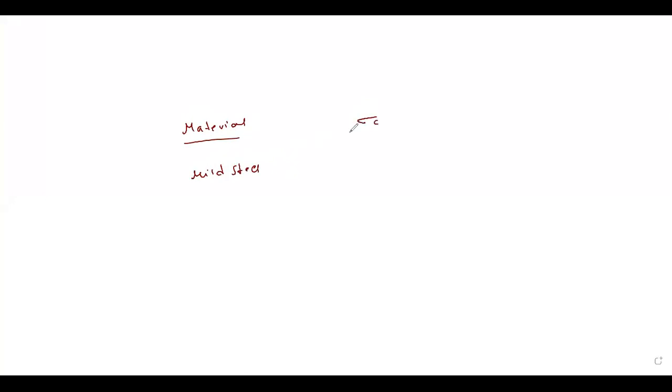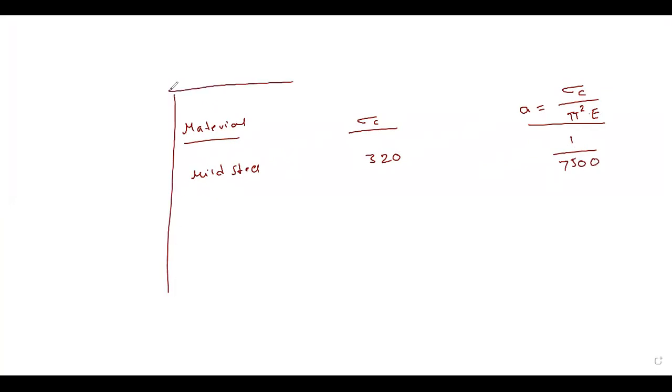For a compressive strength of 320, the Rankine constant A, which is calculated with the formula sigma C by pi square E, is 1 by 7,500. It is a table recommended by the code.